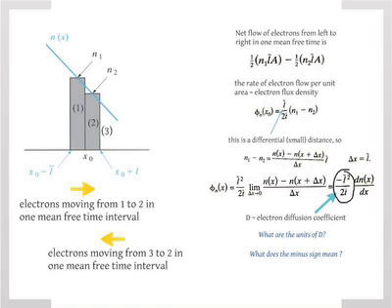L bar would be some sort of integral over some large distance, from x1 to x2, some big distance, of the distance between each collision, dx, divided by x2 minus x1. So you see this is the average value, right? Average distance traveled between collisions.